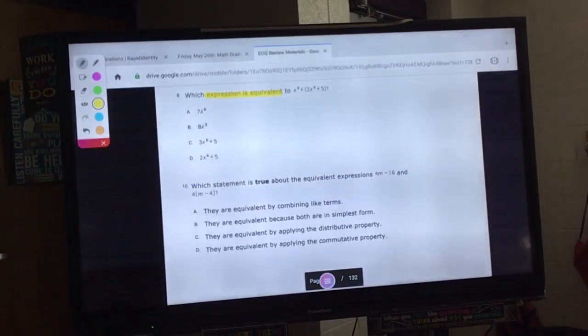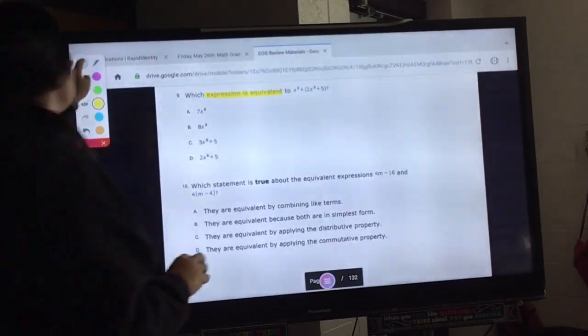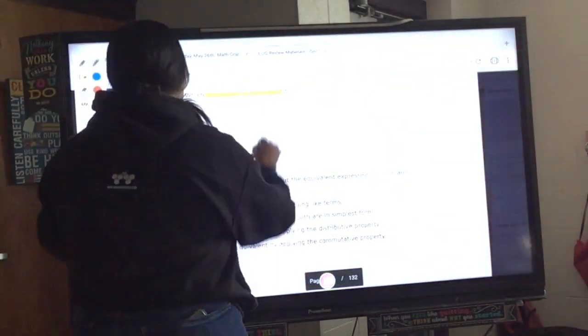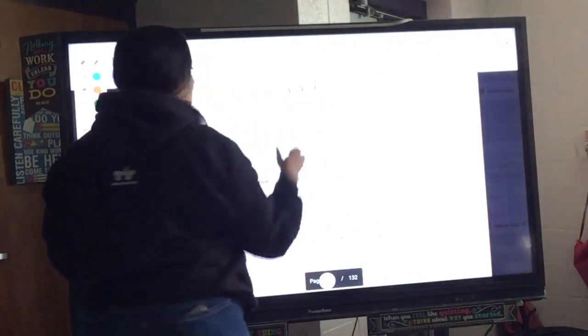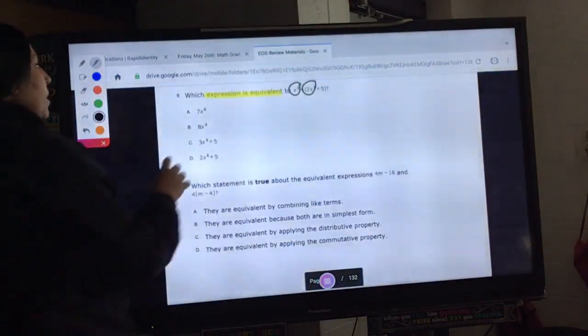You're not sure? What do you think you have to do? Okay, so Christian, I have a question. Which ones are like terms? Yes. Those are like terms because they have the same power. So this one and this one are like terms. So we're going to combine those two.